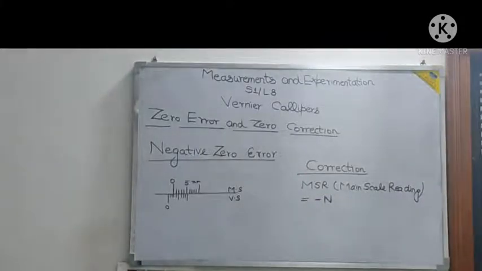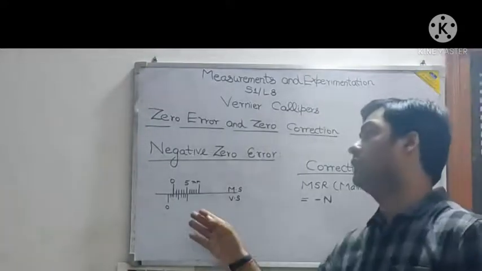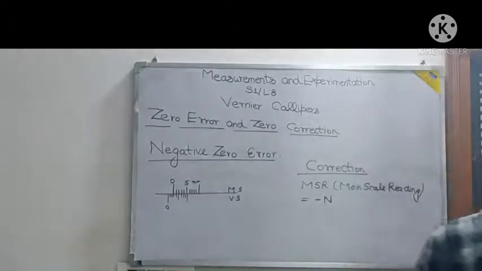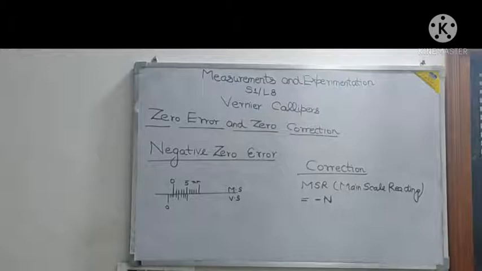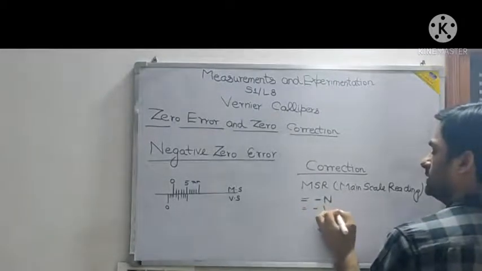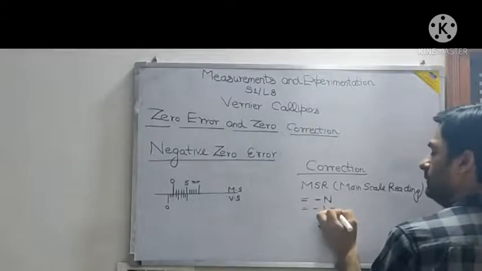And see, they are taking one condition: imagine the main scale extended to the negative side, to the left of 0, the zero of the vernier scale is to the right of the first negative. Then the main scale reading is minus 1, so n equals minus 1 mm.